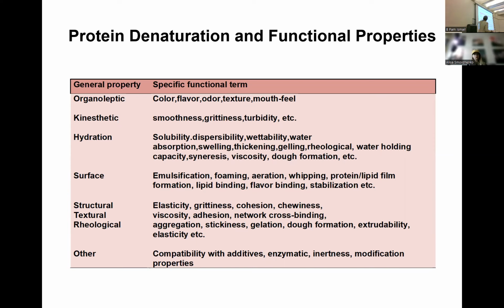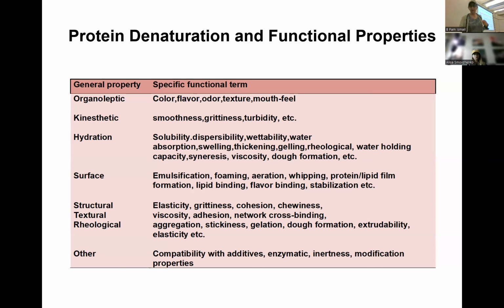Then surface properties and surface activity lead to emulsification, foaming, and impact on binding of liquids, binding of flavor, stabilization. Textural, so when we talk about viscoelasticity, viscosity, gelation, or the extrusion properties, any rheological properties related to texture. So it's a differentiation of different properties, and under each category you have different functionalities.